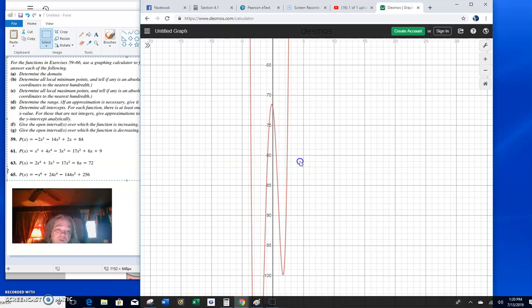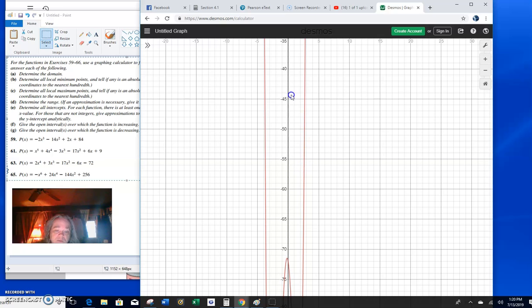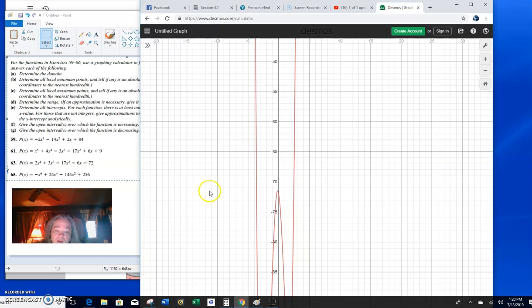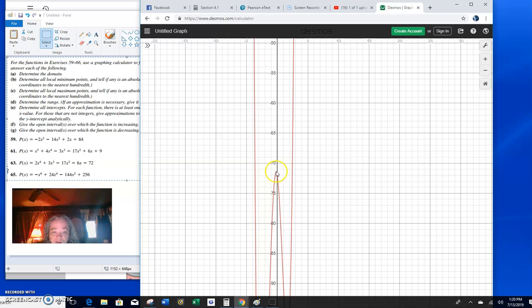Now, some other information that we can find. Our relative maximum point occurs right here, I guess. So that would be our relative maximum point.